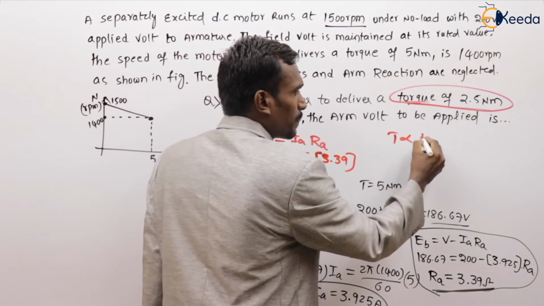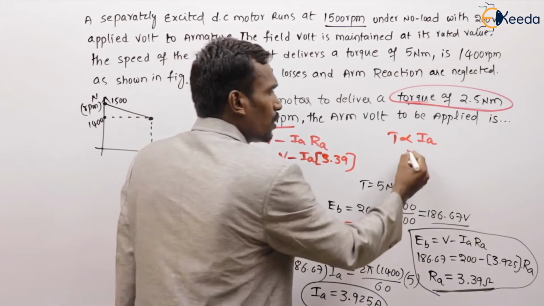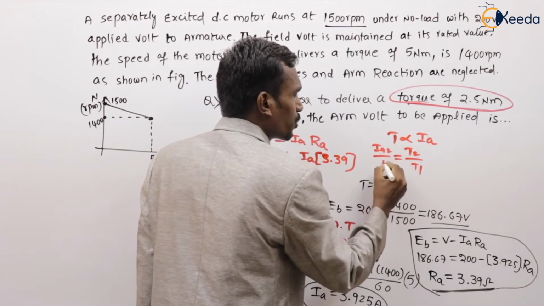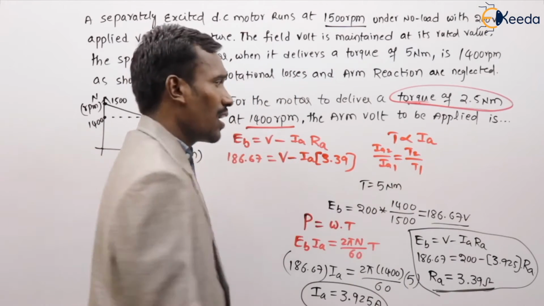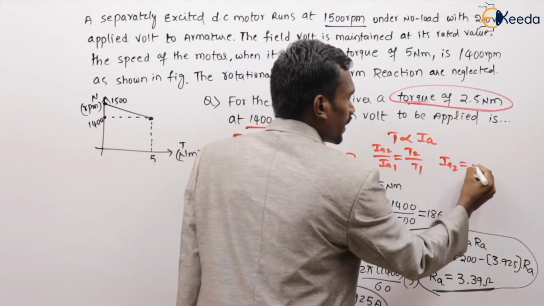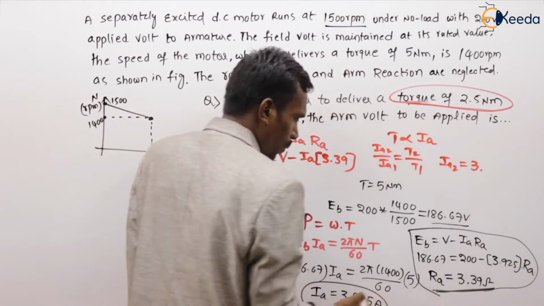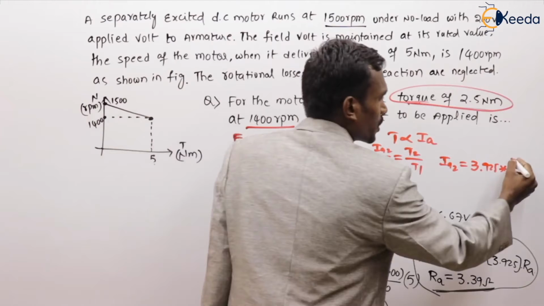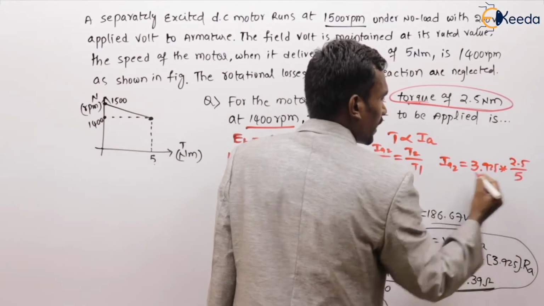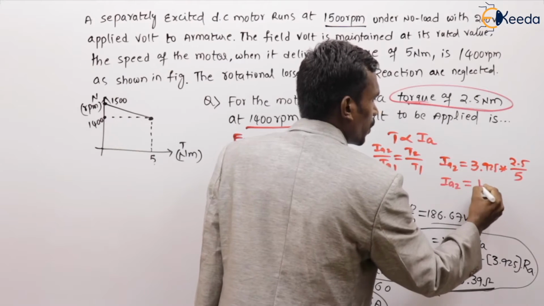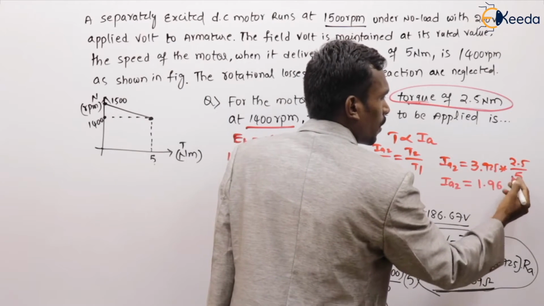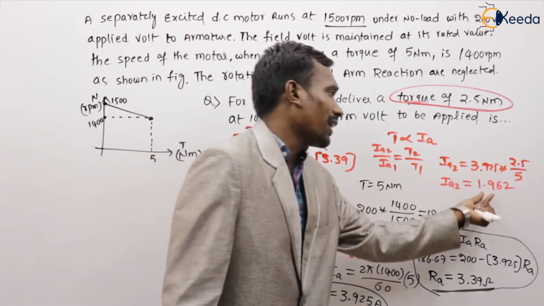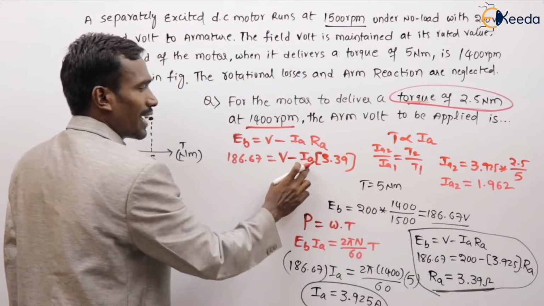Generally, the torque is directly proportional to IA. So T2 by T1 is equal to IA2 by IA1. I want IA2. IA2 is equal to IA1 into, what is IA1? 3.925 into T2. What is T2? 2.5 by 5. If you calculate this, IA2 value is 1.962. Now substitute this IA here.